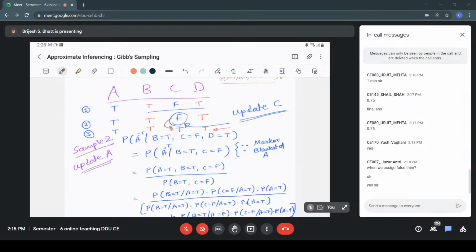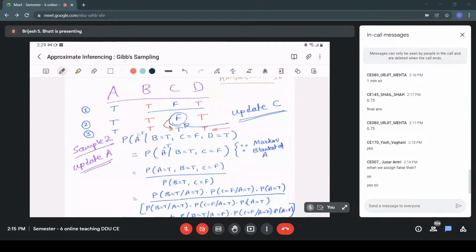Yeah, okay. So this is how it happens, and we keep on repeating this. Usually in Gibbs sampling also, thousands of samples are generated like this, and the initial thousand samples you just discard, and then you reach a stable distribution.